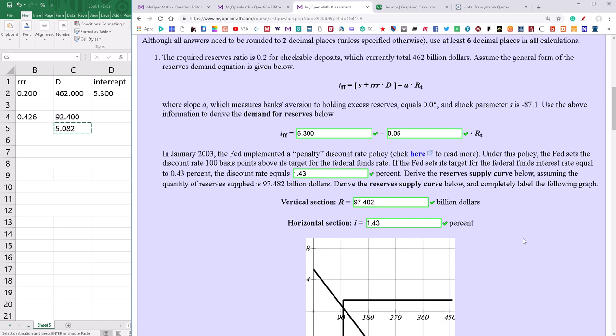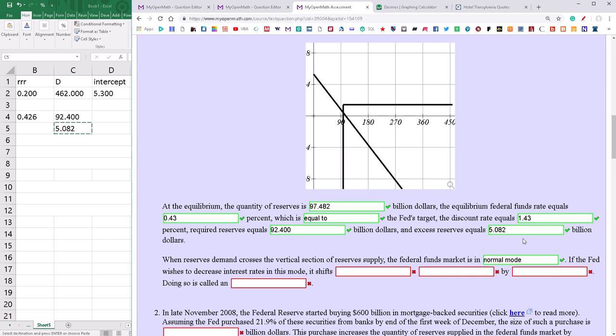If the Fed wishes to decrease interest rates in this mode, it shifts reserves supply rightward by conducting an open market purchase, by purchasing bonds.